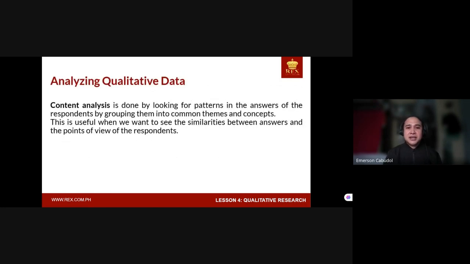Content analysis is a qualitative data analysis technique that involves systematically examining text or other forms of communication to identify patterns, themes, and meanings. In marketing research, this typically involves analyzing responses from interviews, focus groups, or open ended survey questions.